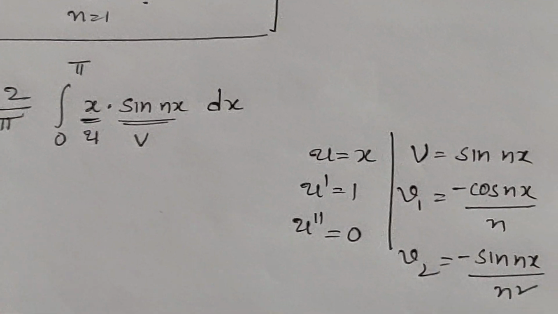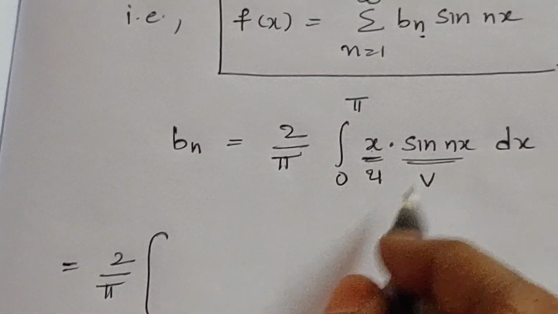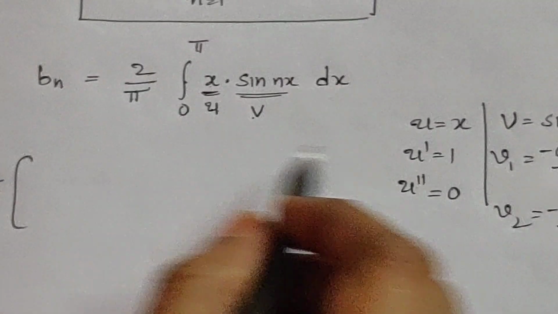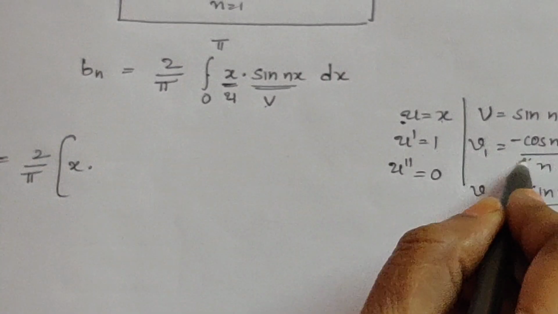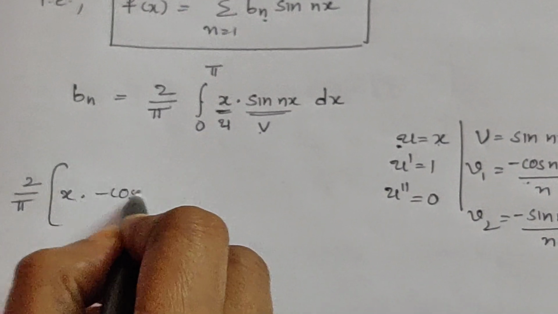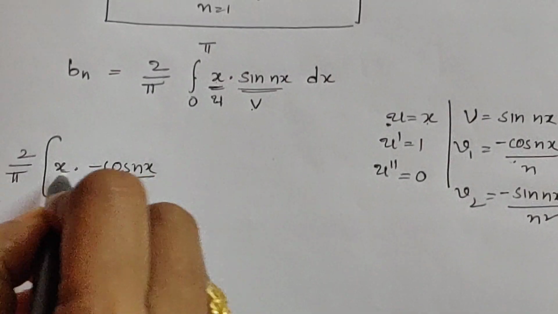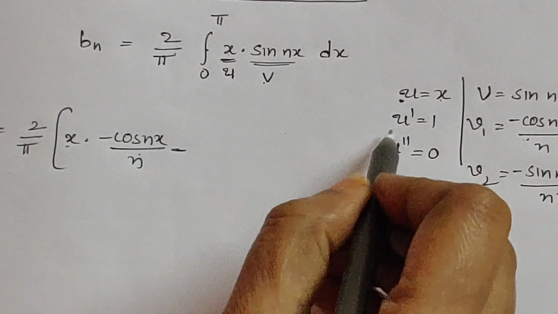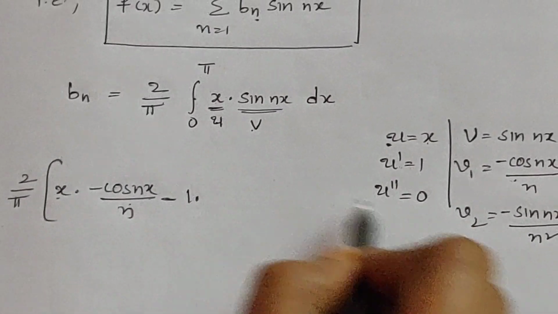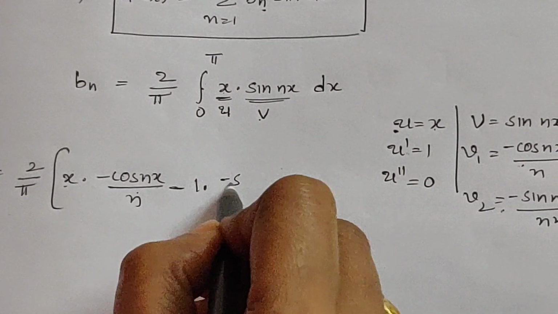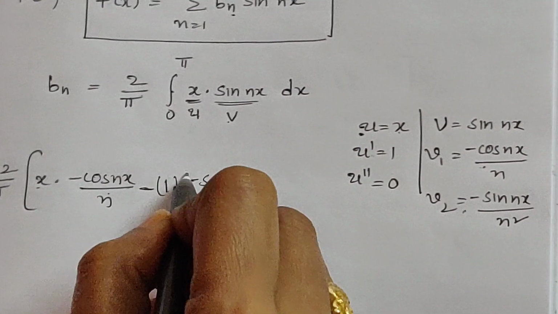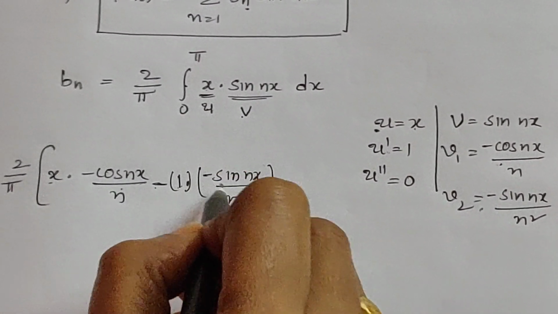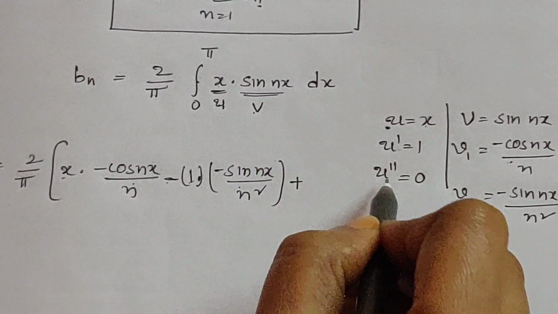By the generalized rule of by parts, integral uv dx equal to uv1, u is x, v1 is minus cos nx by n, minus u dash, which is 1, into v2, which is minus sin nx by n square, plus u double dash.